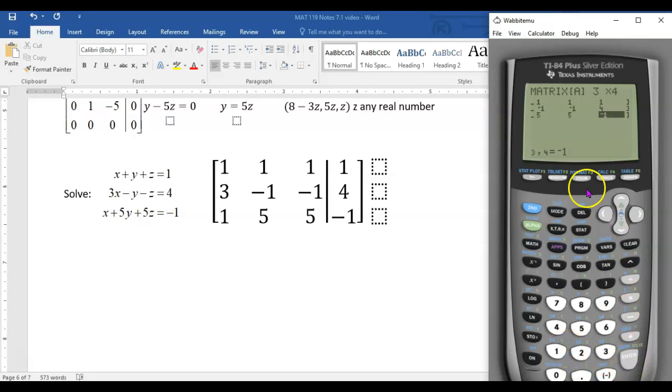And when you've got all the numbers in, don't forget to quit out of that screen before you do anything else. You don't have to do this, but I'm going to look at the matrix I just put in to make sure it looks like it's supposed to look. Yeah, that looks good. And now I'm going to get the reduced row echelon form, the RREF, of the matrix. And it is 1, 0, 0, 0, 0, 1, 1, 0, 0, 0, 0, 1.